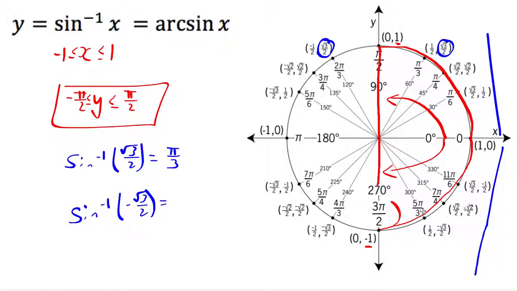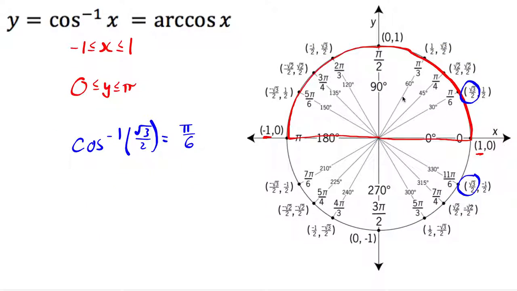We would not say 5 pi over 3, because that's outside the range. We would say that's -pi over 3. And you can look at the similarities there. That's one way to think about this and hopefully make it a little bit easier. Luckily for cosine, we don't have that issue, because the range is between 0 and pi. You're only dealing with positive angles here, so you don't have that same issue.